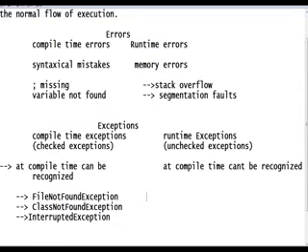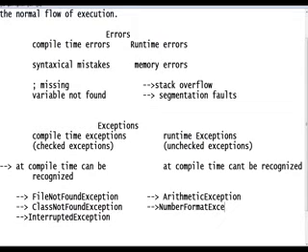What are runtime exceptions? Arithmetic exception, number format exception, null pointer exception, array index out of bounds exception.